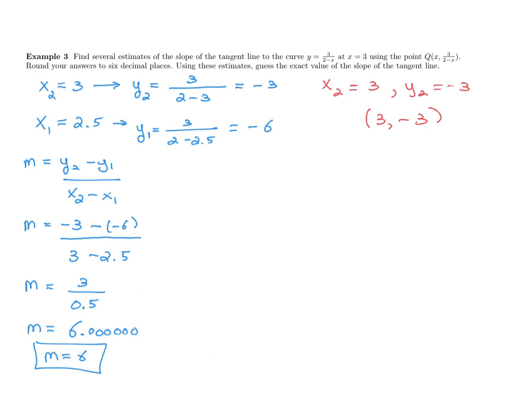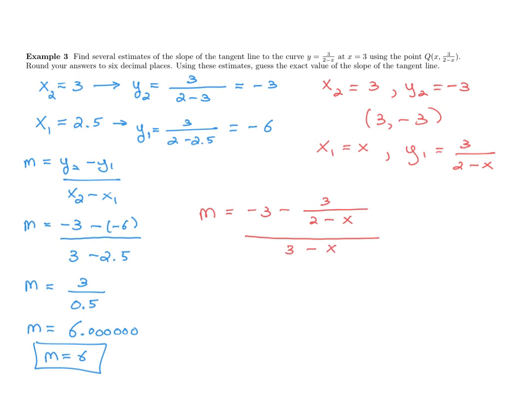Now, your other point, you can actually just leave it as x1 is equal to x, and therefore y1 is equal to 3 over 2 minus x. The reason is, if you go to the formula for slope, it's equal to y2 minus y1, which is negative 3 minus the fraction 3 over 2 minus x, all divided by x2 minus x1, which is 3 minus x.